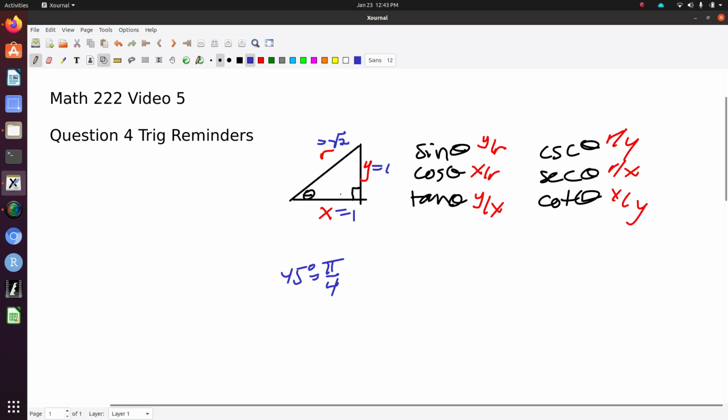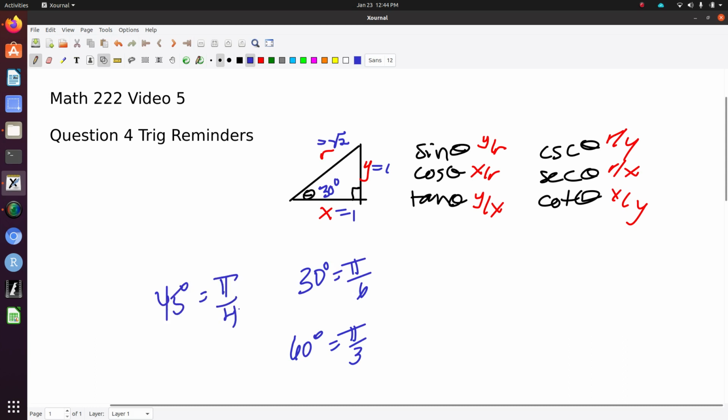If 30 is pi over 6, as a funny reminder, 60 is pi over 3. They both have a 6 and a 3 in them, and 45 is the one in the middle. Kind of middle. I'm putting middle in quotes. Okay, so those are things to remember.